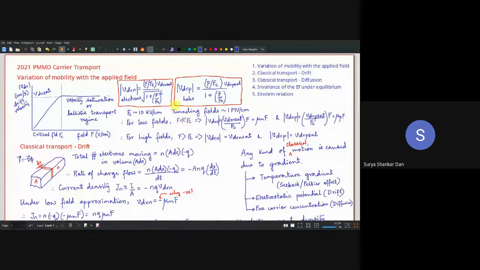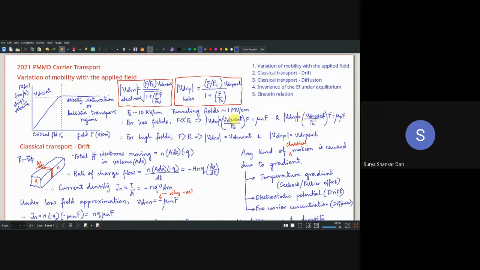If F is much less than FC, then you can ignore the square term under the root. Similarly, here you can ignore the F by FC term in the denominator. So you are left with VDRN SAT by FC into F, and here VDRP SAT by FC into F.